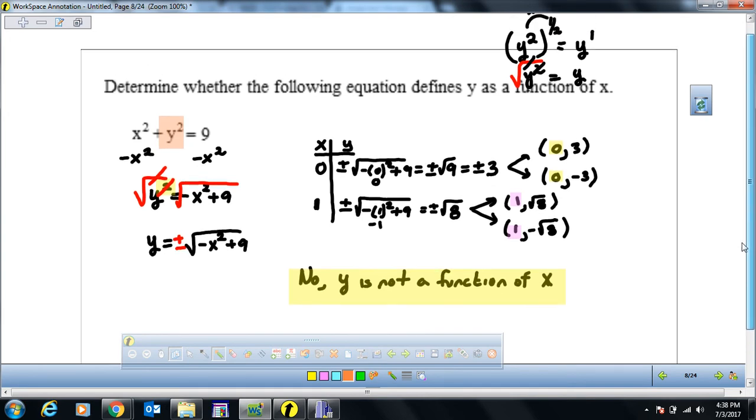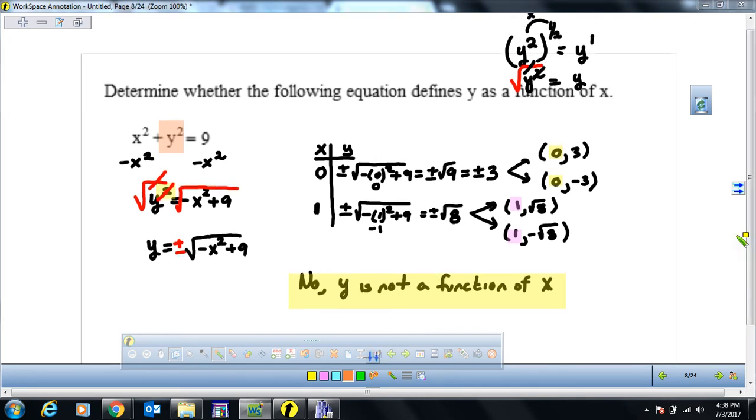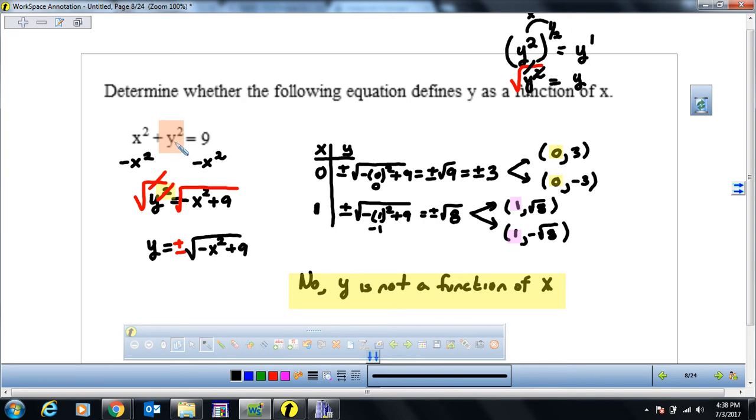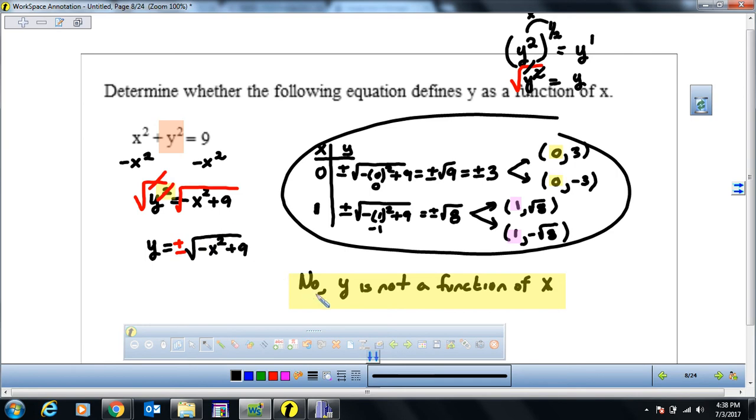Now, that tells us the following. Anytime, not only for y squared, and this is a good thing for you to remember, anytime I have an equation in which the y is being raised to an even power, not only 2, but if it's also raised to the 4th or to the 6th or to the 8th power, anytime the y is being raised to an even power, that equation will automatically not be a function, because this is going to happen if we create a table for those type of situations.